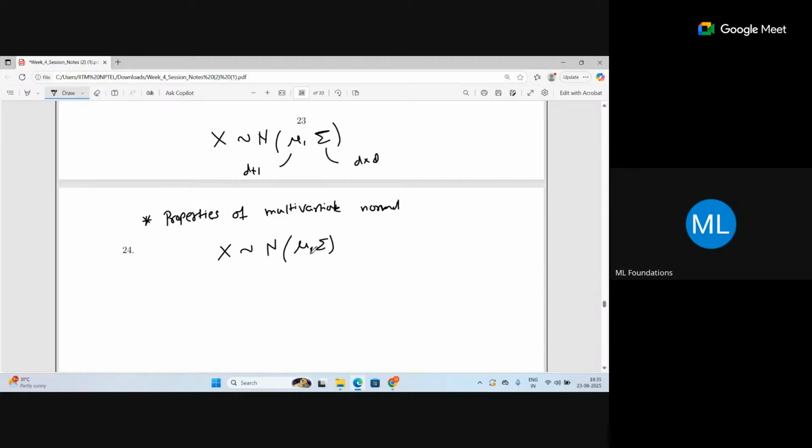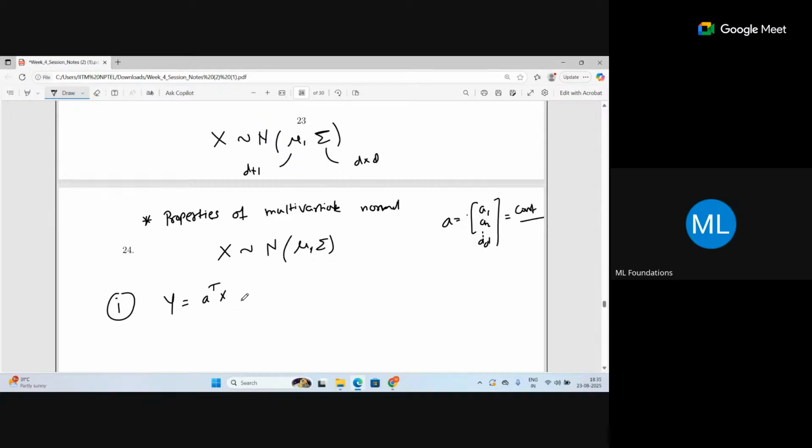If that is there, and then if I define a new random variable y such that it is equal to a transpose x, and what is a here? A is some vector a1, a2, like that, let's say a_p, a vector of constants.